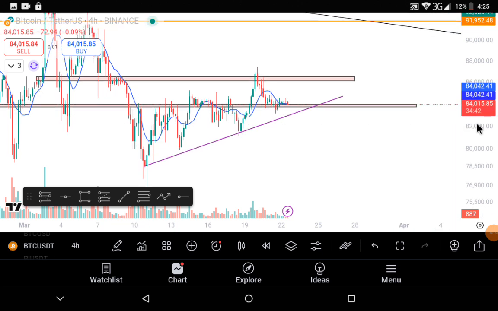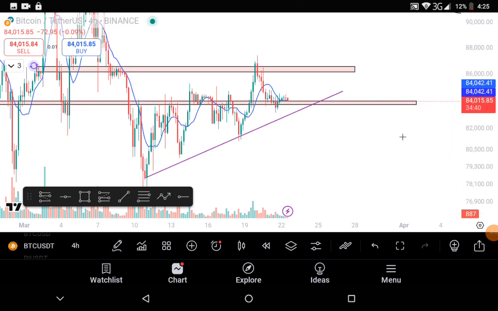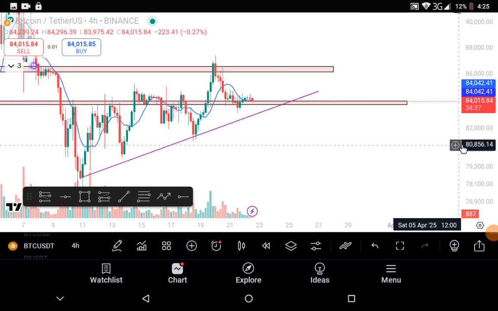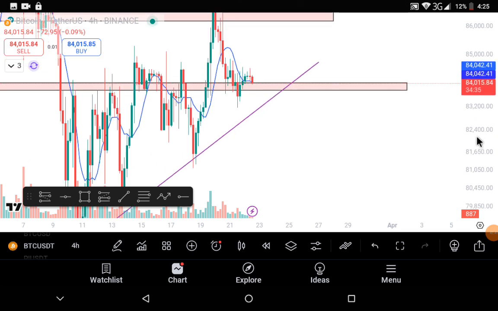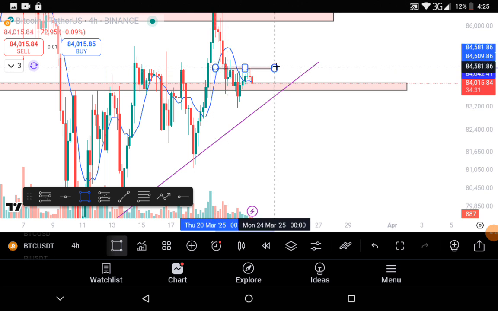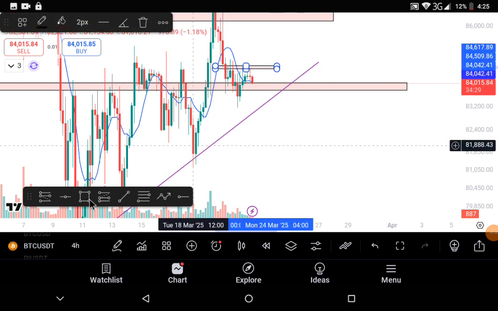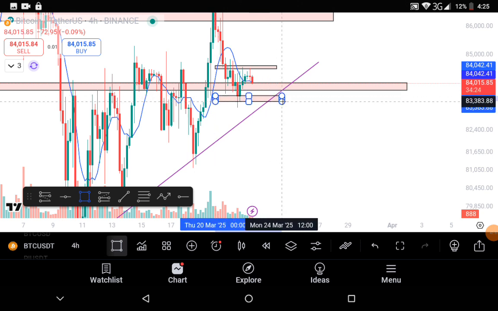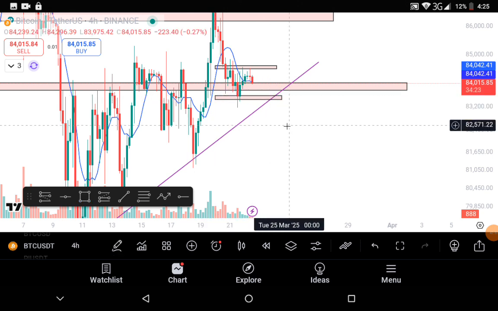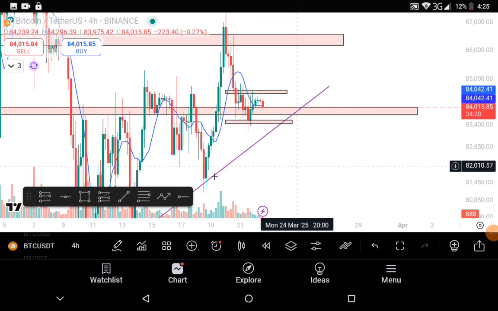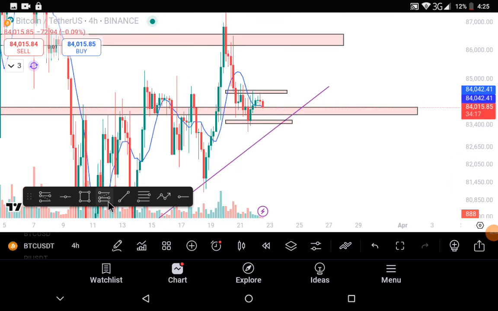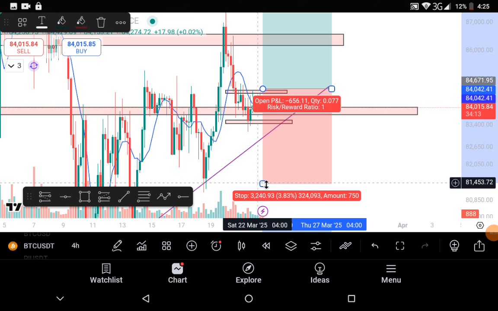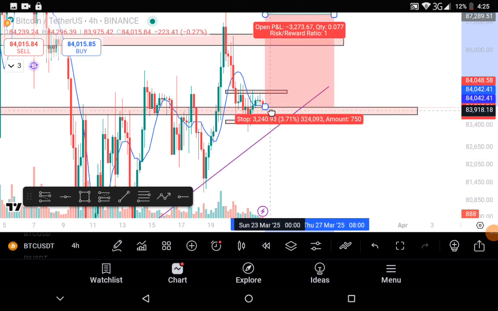So if price should trade above this zone, then we can buy Bitcoin at least all the way up here. This is 1:6 risk to reward, very good. We can buy it all the way up here, you understand.